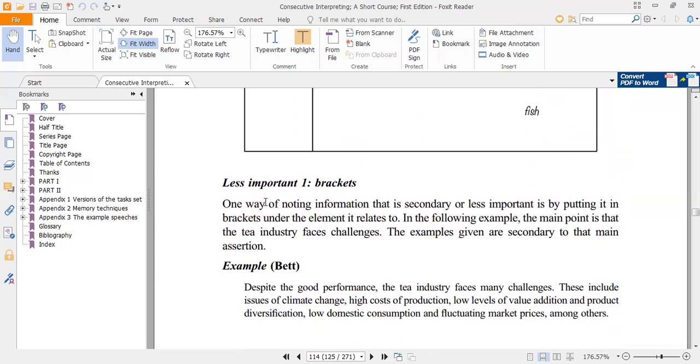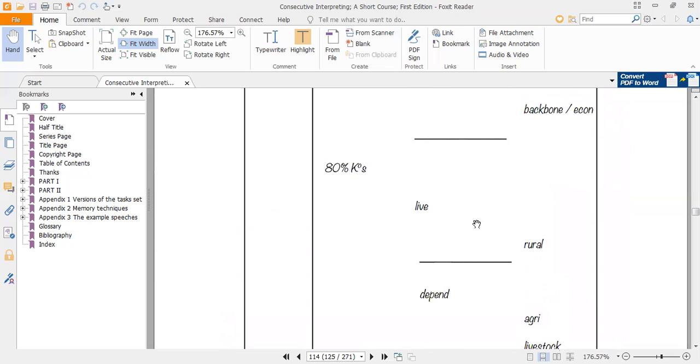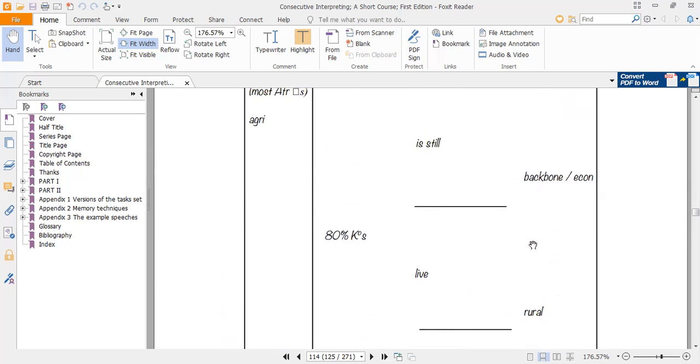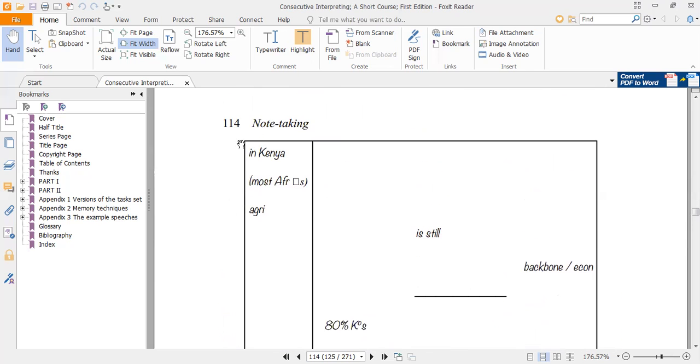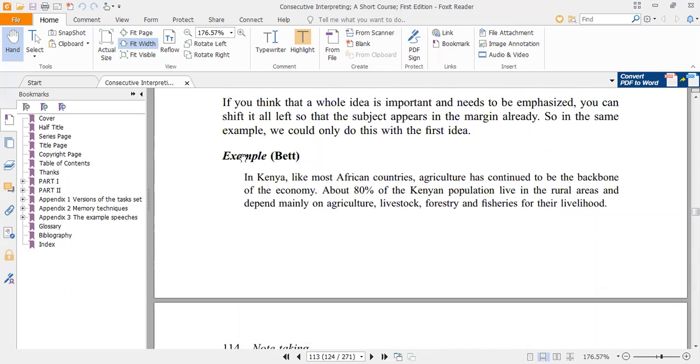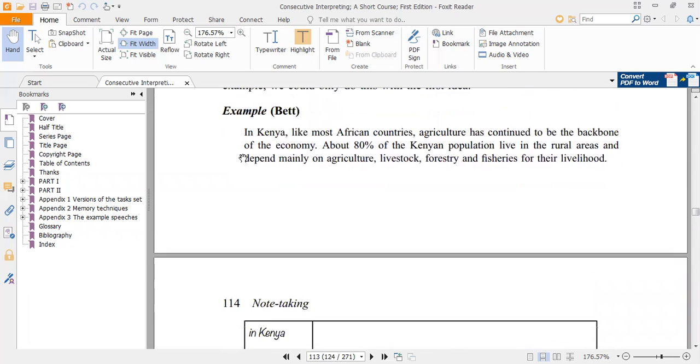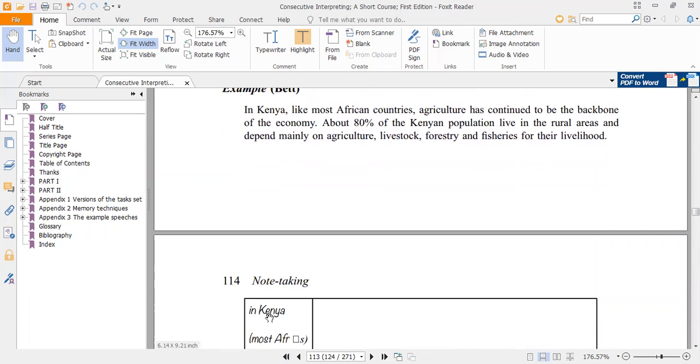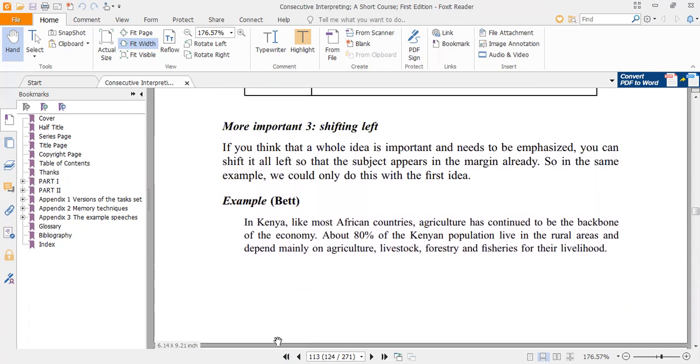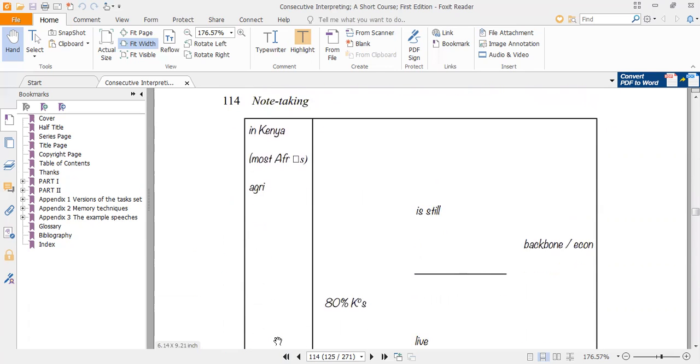As you see here, these have the same importance because they are written with the same size and in the right places. But if we write them in the appendix, or in the margin, this means that this is very important.